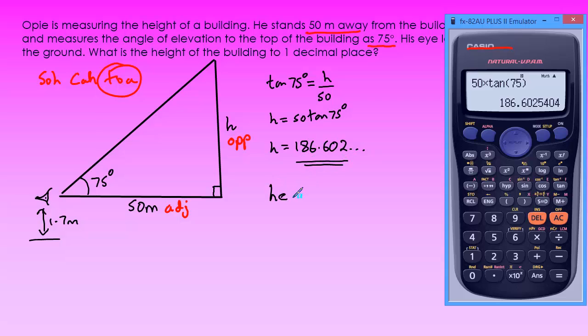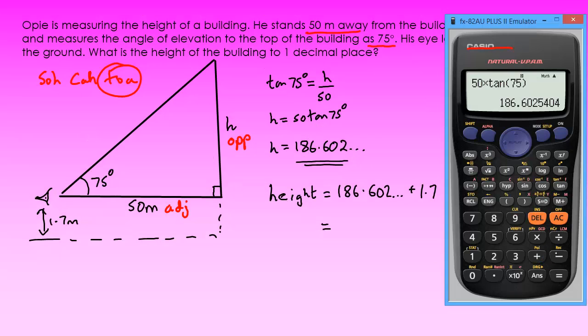Now the actual height of the building, for that we need to add on OP's eye level. So that will be the 186.602 and so on. We need to add that to the 1.7.